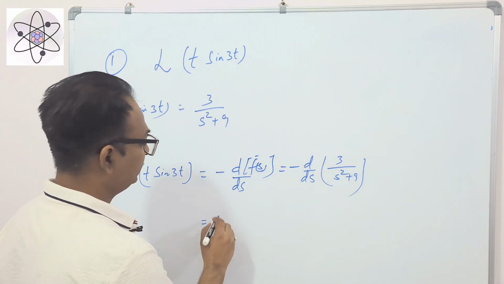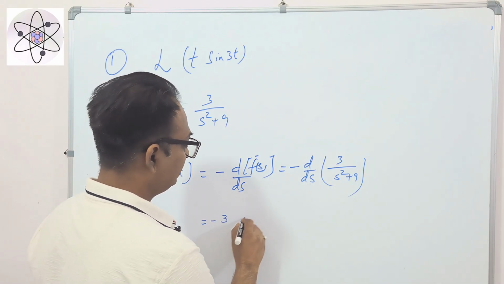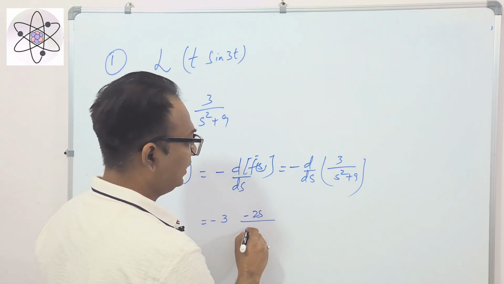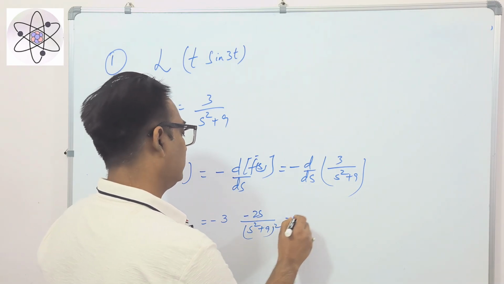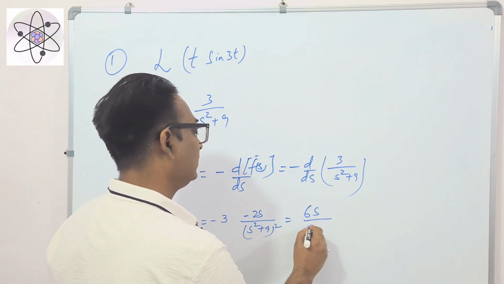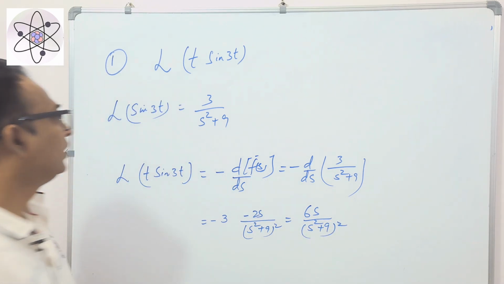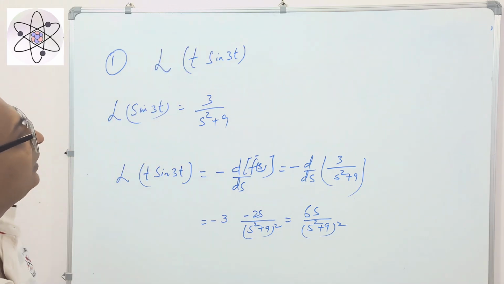So this is minus 3 times minus 2s by (s square plus 9) whole square. So this will be 6s by (s square plus 9) whole square. So this makes our effort very easy.